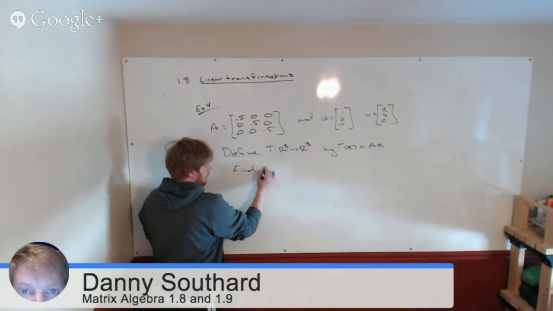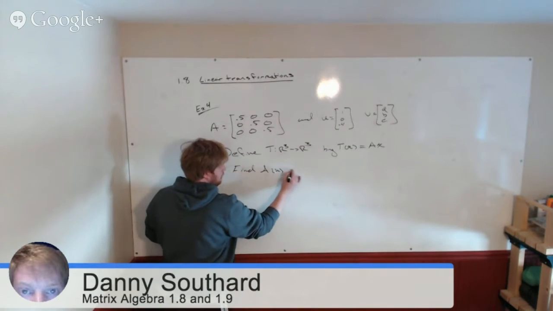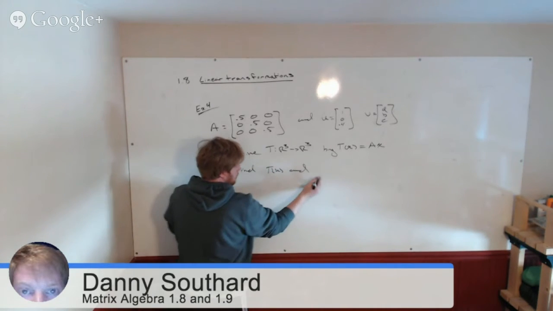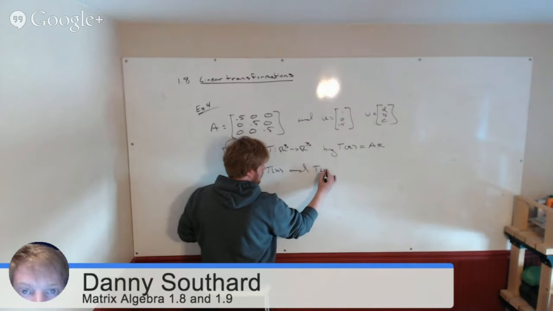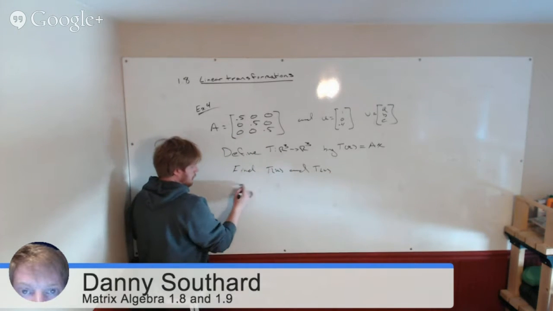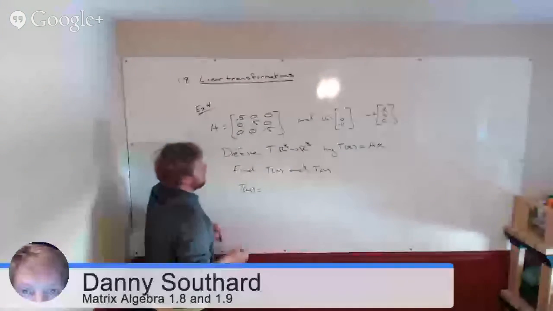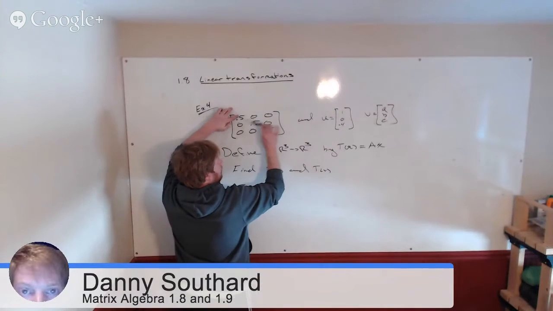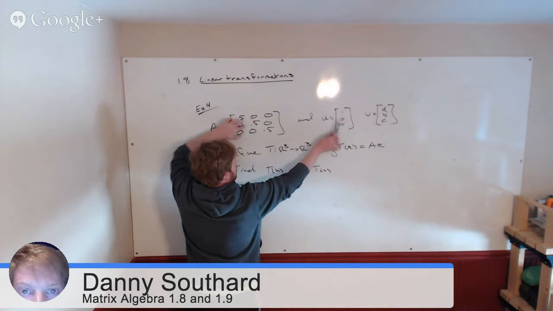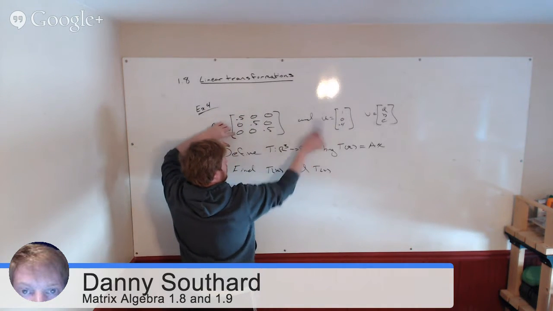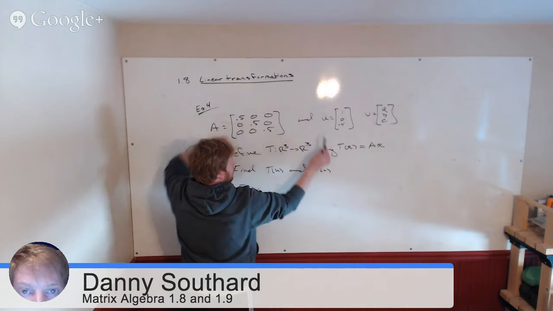And we want to find T of U and T of V. Well, T of U has half of 1 plus 0 plus 0, 0 plus half of 0 plus 0, 0 plus 0 plus half of -4.